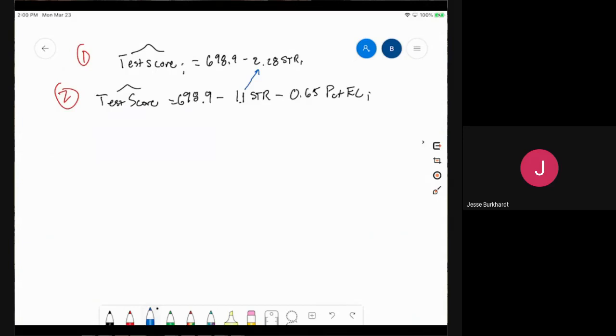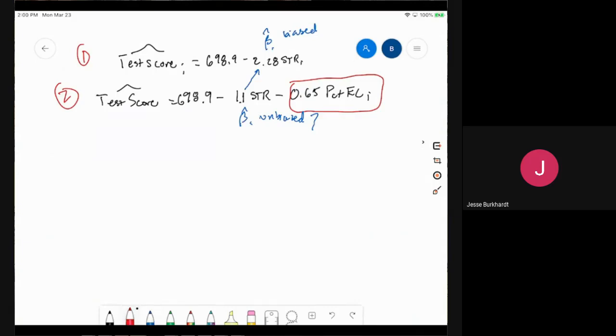So we can tell that our estimate in equation 1 of beta hat 1 is biased. We can tell it's biased when we include percent EL in the regression and find that the coefficient on student-teacher ratios changes. Can we claim that this is unbiased? Not exactly, because there's still an error term.